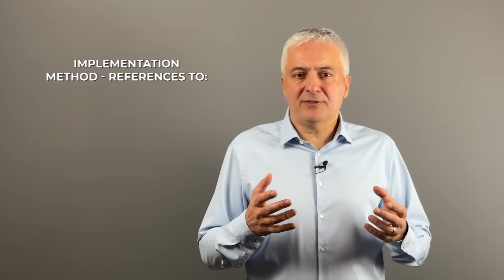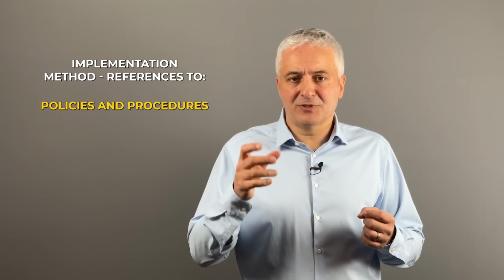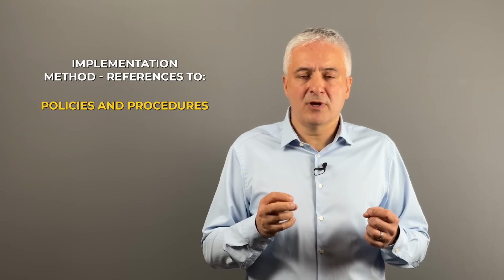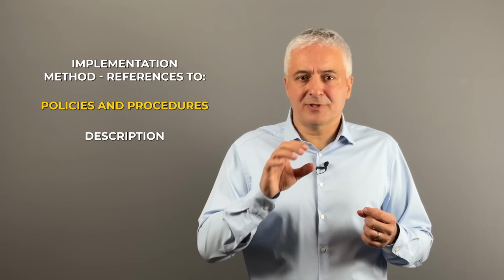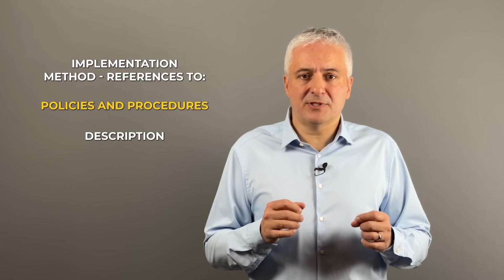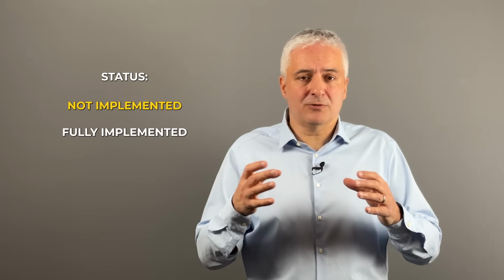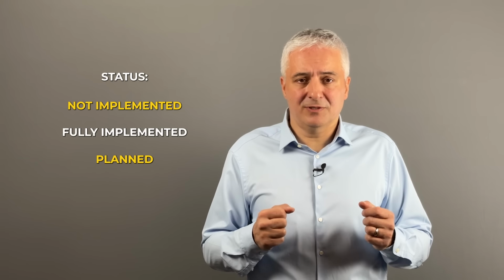For implementation method, you usually refer to policies and procedures that you will be using for implementing a particular control, or you can very briefly describe next to each control in text how you intend to implement it. Now, when it comes to status, typically you have the status that a control is not implemented, or that it is already fully implemented, or that you are planning to implement it in the future.